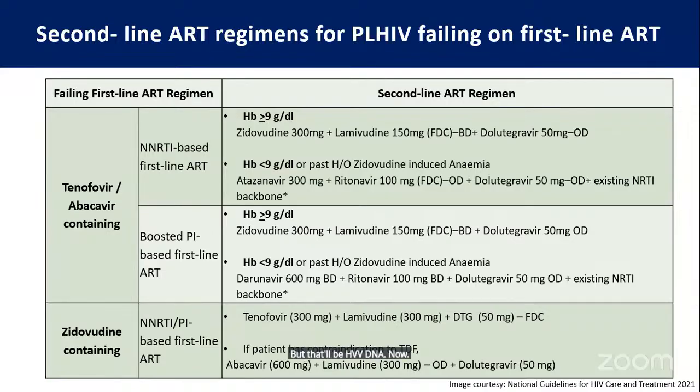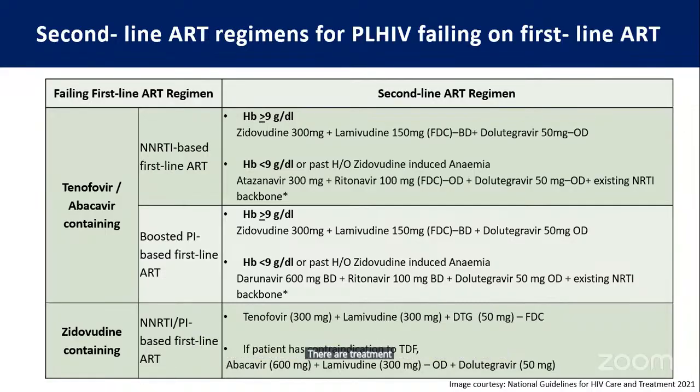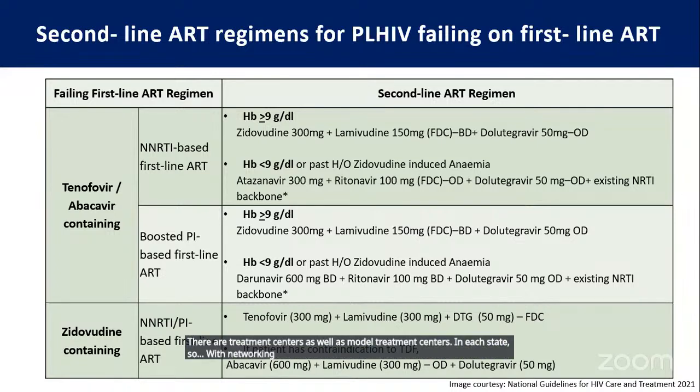Now, entecavir is now available through the National Viral Hepatitis Control Program. There are treatment centers as well as model treatment centers in each state. So, with networking with them, it is possible to get the medicines from them.